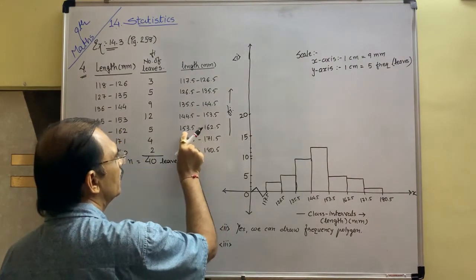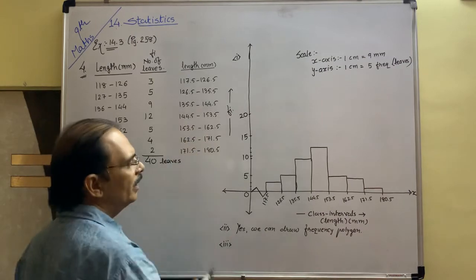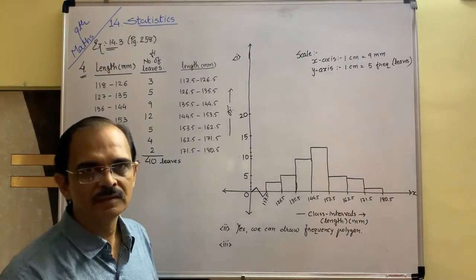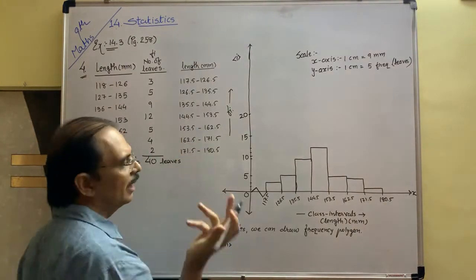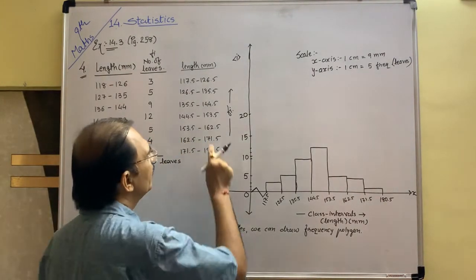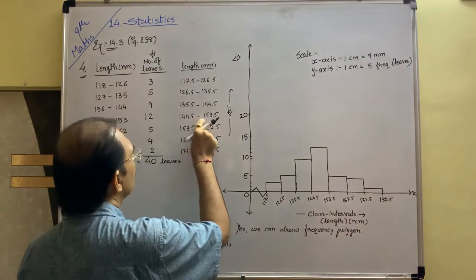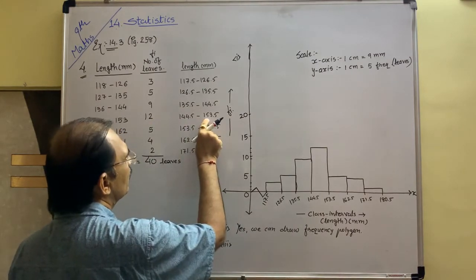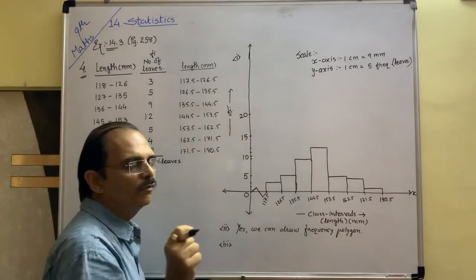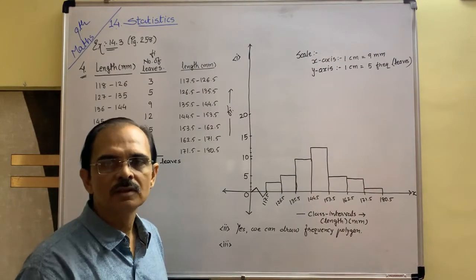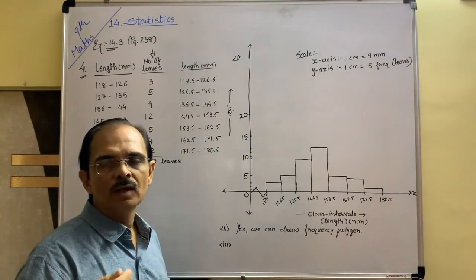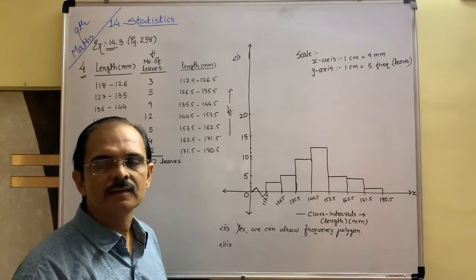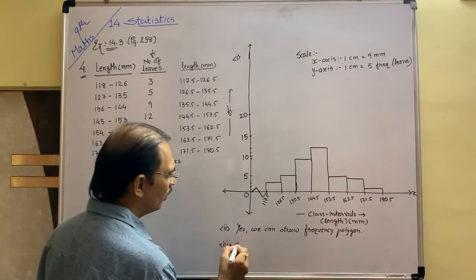So here it is 153.5, not 153. So exactly 153 millimeter we can't get. 153 lies here, then it is 12. You cannot say that all leaves have the same 153 millimeter length. Maybe it is 144.5, 144.6 and so on. You cannot conclude that.